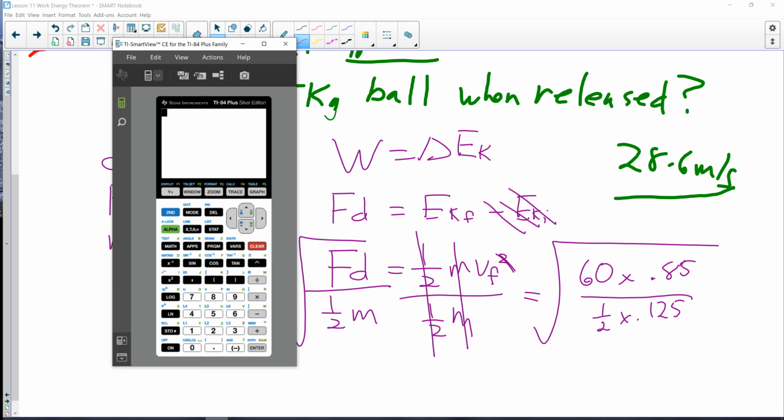So now I'm going to go 60 times 0.85, and then divide that by half of 0.125. That I have to put in brackets. I have to make sure it's actually dividing by the full number. And then I'm going to square root that number.